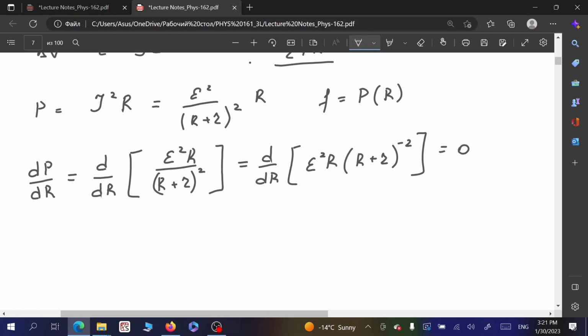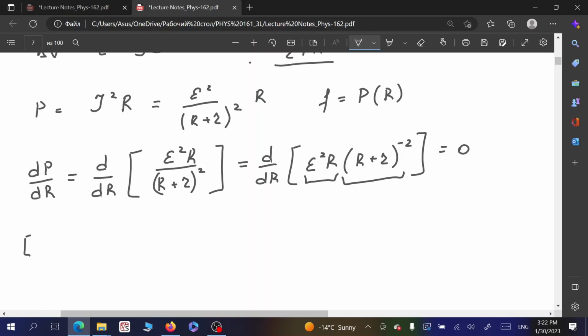So what will be this derivative? It's actually the derivative of two functions. We have one function here and a function here, so it's a product of two functions.